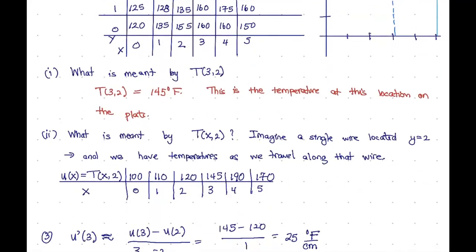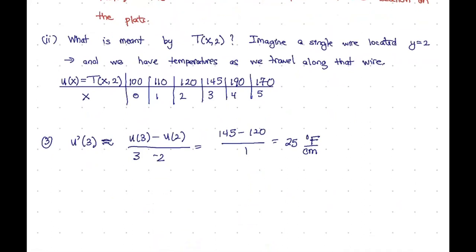We can play the same game by taking the forward difference, and the forward difference would be the following. It would be that u prime of 3 would be approximated by u of 4 minus u of 3 over 4 minus 3. That is, we estimate the derivative by taking the point ahead of 3 centimeters.